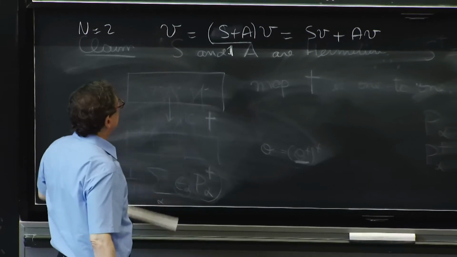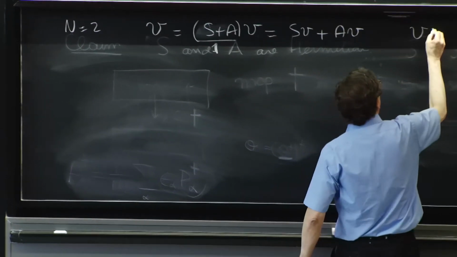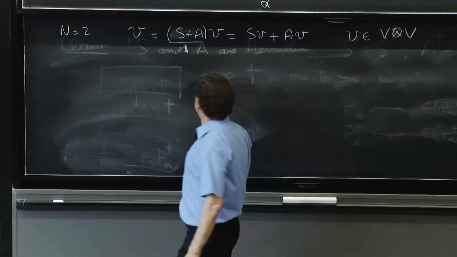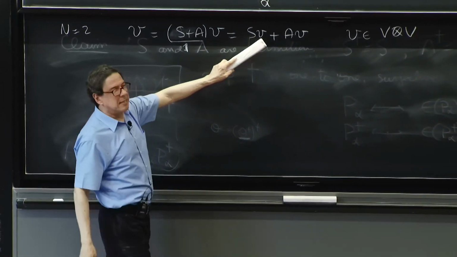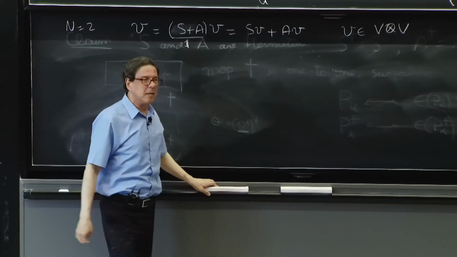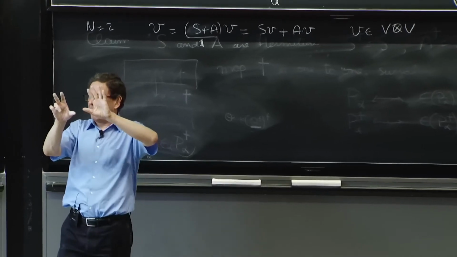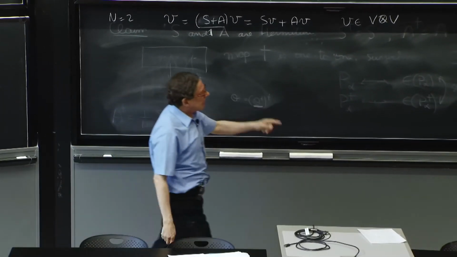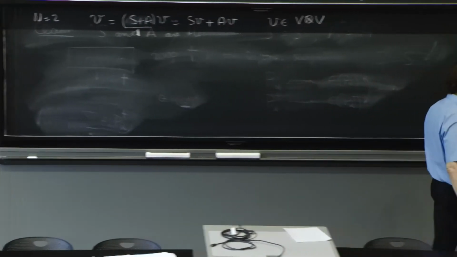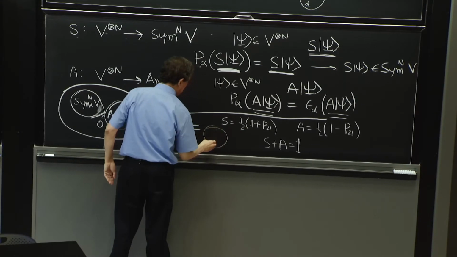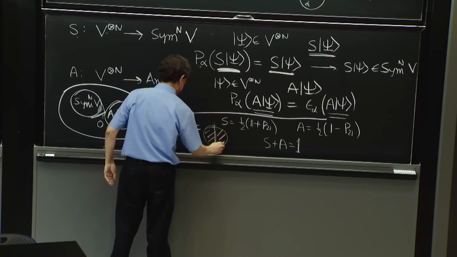So any vector V belonging to the tensor product, because you have two particles, can be written as a symmetric state plus an antisymmetric state. That is the statement that the symmetric states plus the antisymmetric states span the space. So that is true for n equals 2.